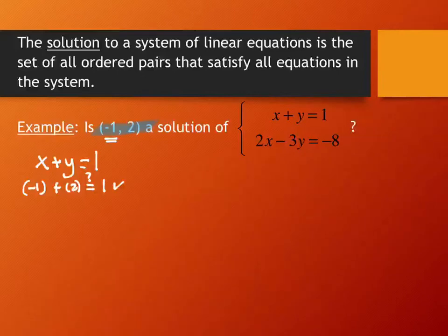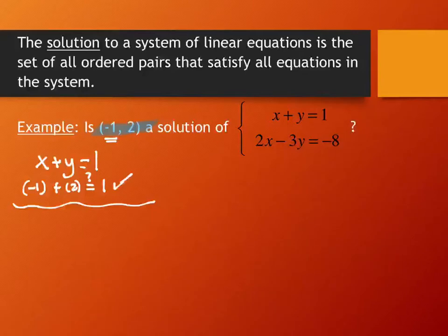This is a solution. Now, each equation has infinitely many solutions, so it's not surprising that we would find a solution. However, it may be the only point that they both have that work. That's something that's unique about systems of equations, is that there's often only one point that is a solution to both equations. So this one worked in the first equation. That may or may not mean that it works in the second.